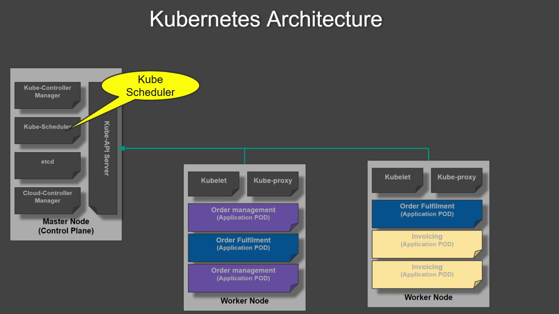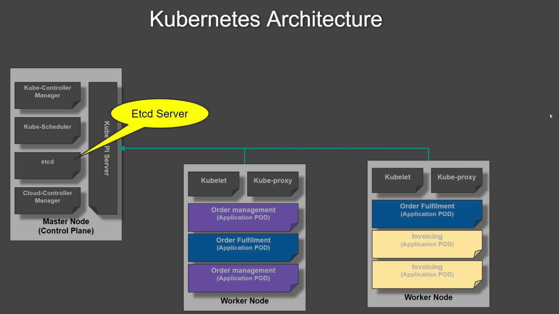For that, kube scheduler will check all the nodes and see which is the feasible node. Feasible node means the node that satisfies the requirement of a pod. Pods might have some specific requirements, like this much memory should be there, this much CPU should be there. Kube scheduler will check all the nodes and find the nodes which satisfy the requirement.